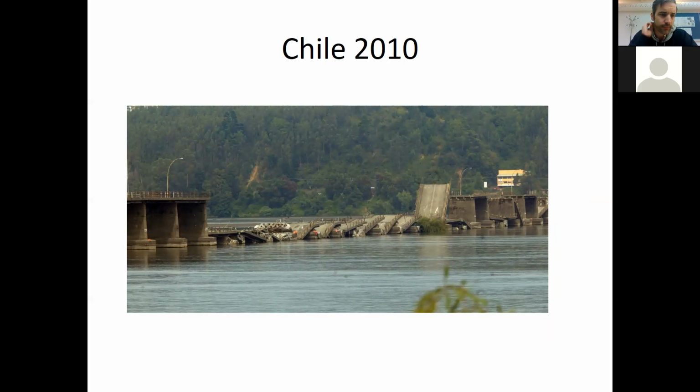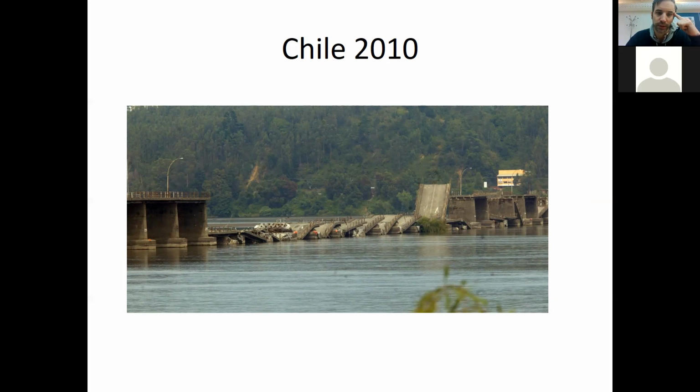This was a bridge, for example, in a city called Concepcion, very close to the epicenter. The city is like many cities on a river, and there are 3 bridges crossing the river, and all 3 collapsed.